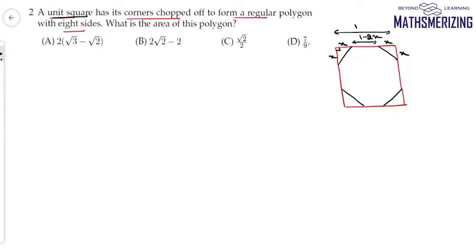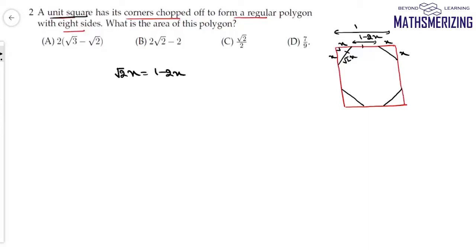Now in this right angle triangle, I can find this hypotenuse, and it is root 2 x. Now since it is a regular polygon, then length of these two sides should be same. So the condition I'll get is root 2 x is equal to 1 minus 2x.